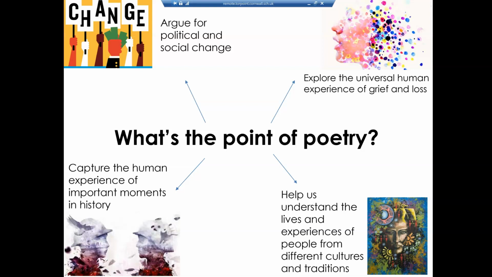Poems can also help us understand the experiences of others, people whose lives are different from our own, perhaps those in different countries, from different cultures and traditions. And poetry can also capture the human experience of important moments in history too. So we're going to be looking at all of these different ideas throughout this unit.